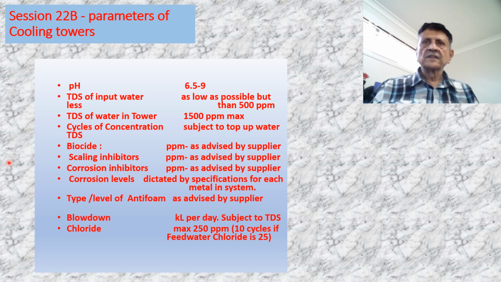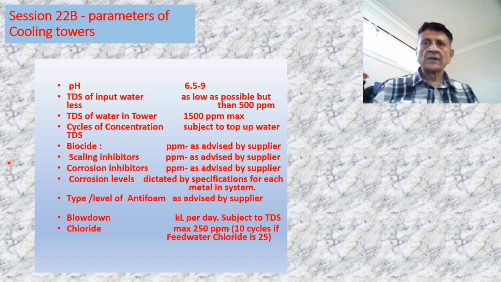Corrosion levels are determined, but they are specified for a particular metal, and we have to be within those corrosion levels. The type and level of antifoam is also advised by the supplier. Blowdown for the TDS is about kiloliters per day, subject to the TDS in the tower.